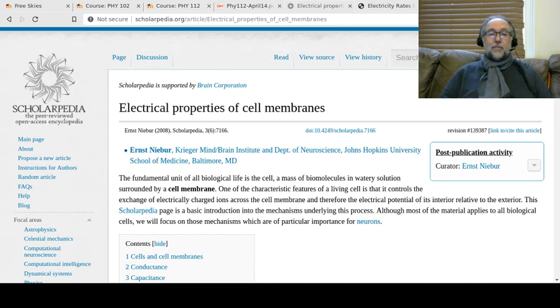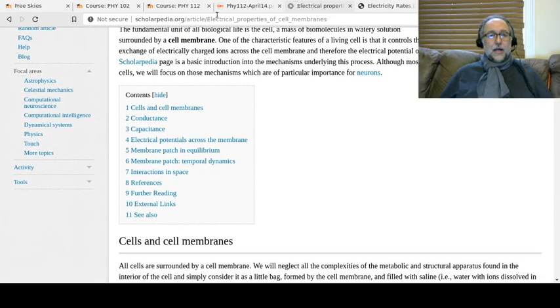It's kind of like Wikipedia, but for scholarly subjects, and you can see the electronic properties of membranes. If you scroll down to the subjects, you'll see conductance, capacitance, and so on. Instead of conductance, you can think about resistance. So resistance and capacitance, that's exactly what we're going to be studying today.